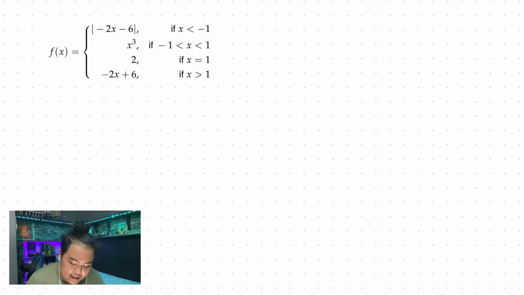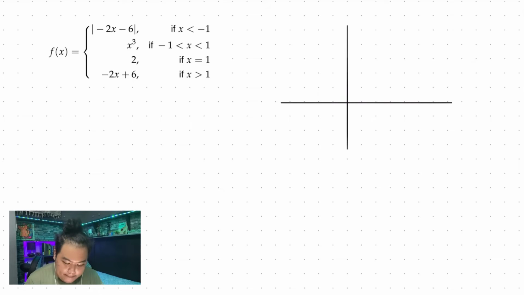So, drawing tayo ng ating magandang XY axis. Kunyari, this is the x-axis, the y-axis. So, parang magkakatalo-talo lang sila sa 1 at negative 1. Yun yung mga boundaries mo, oh. Negative 1, tsaka 1.